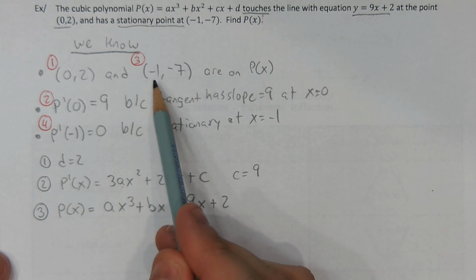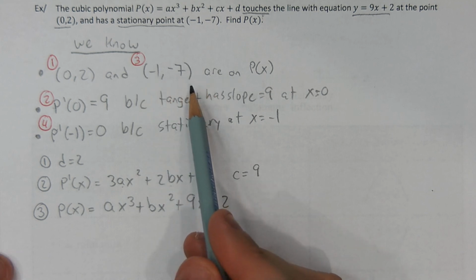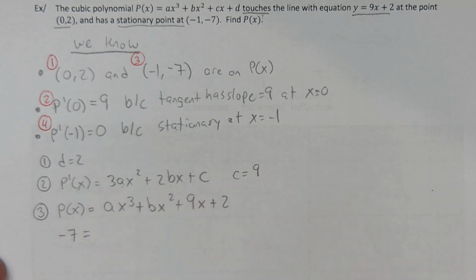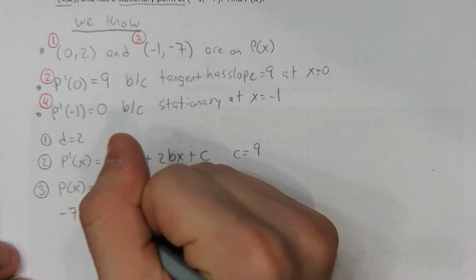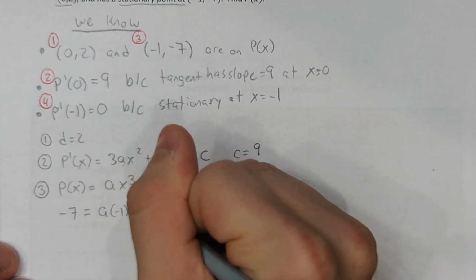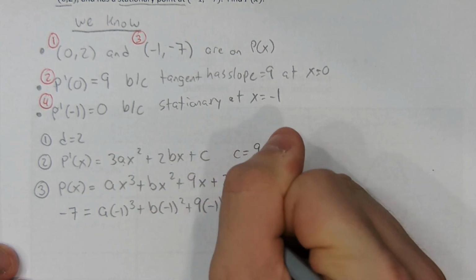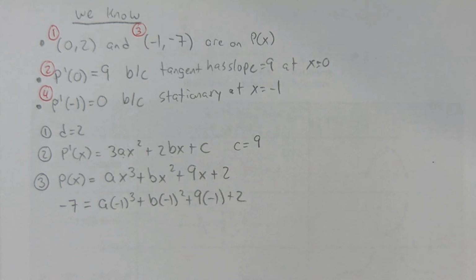I know if I plug in -1 as an x, -7 is my y. So -7 equals, and now everywhere there's an x, I'm going to drop a -1. A times -1 cubed plus b times -1 squared plus 9 times -1 plus 2. Notice this has an a and a b, two unknowns.